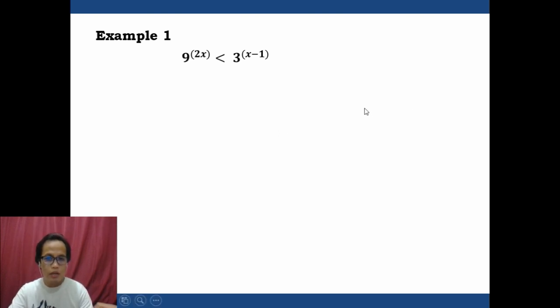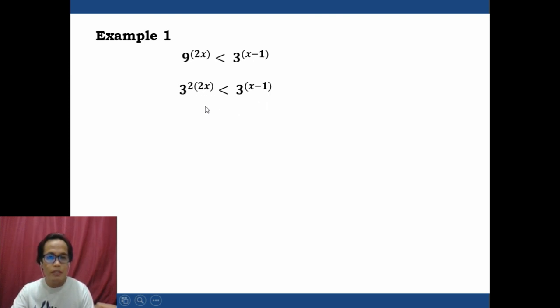Then we copy 3 raised to x minus 1. Ang 9 gi-change na nato to exponential form, which is 3 squared, then gikopya ra nato ang 2x. As you can see, parehas na siyang base, 3.